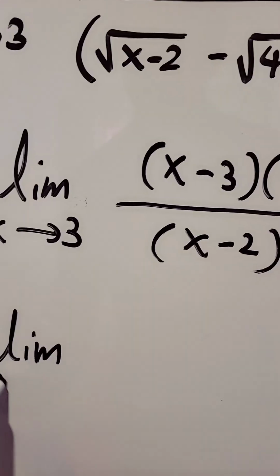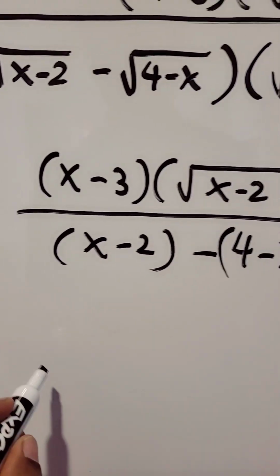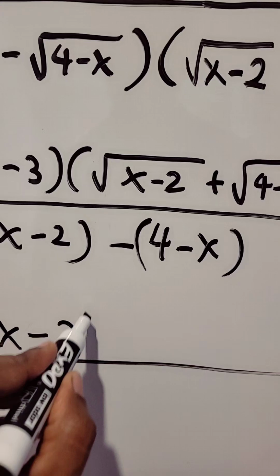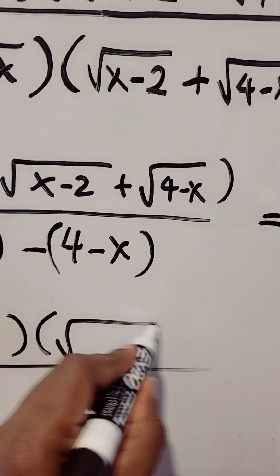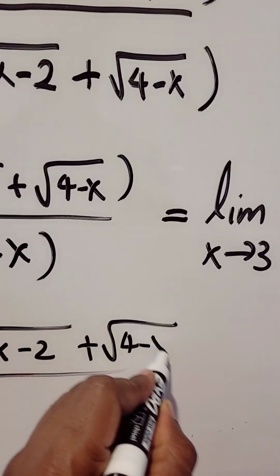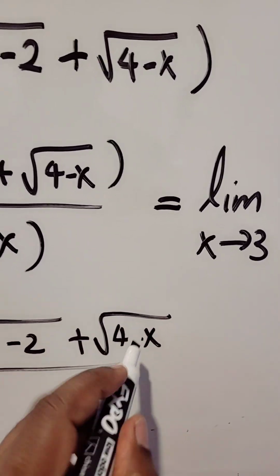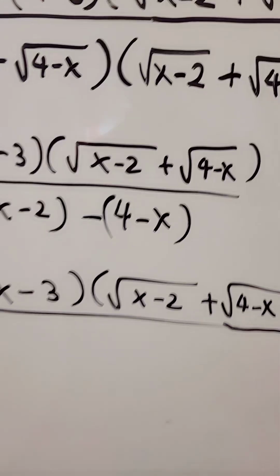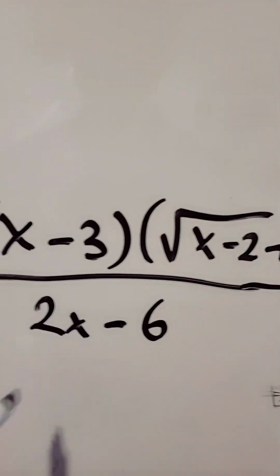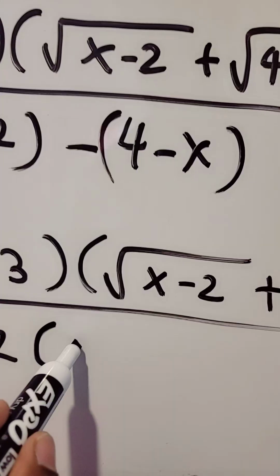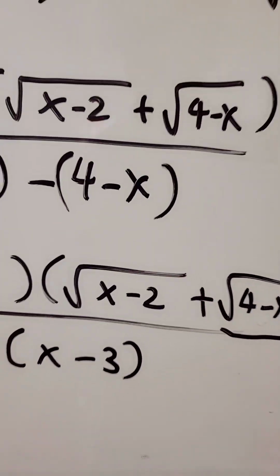Limit as x goes to 3. In the numerator, I'll have x minus 3 times the square root of x minus 2 plus the square root of 4 minus x, and in the denominator I'll have 2 factored out, and then x minus 3.